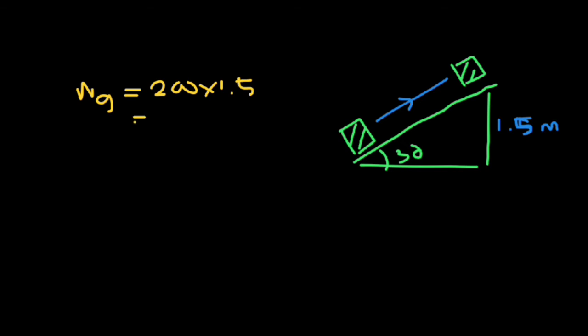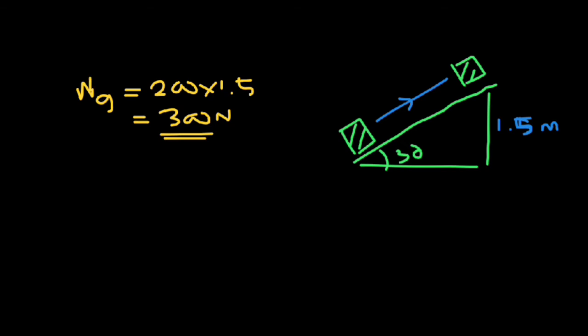The work done against gravity is independent of the path. Whatever path is chosen to take the box up, the change in height is 1.5 meters. So work done against gravity is mgh, 200 times 1.5. By calculating, you will obtain 300 joules of work done against gravity.